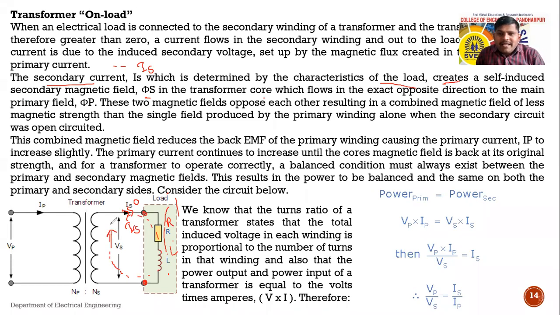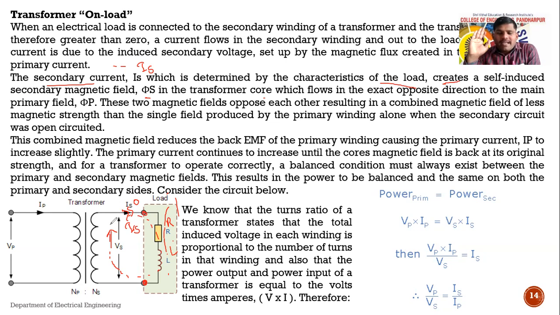What will happen? If current starts flowing in the secondary winding, flux is generated. That means it will produce a flux in which winding, primary or secondary? Secondary.